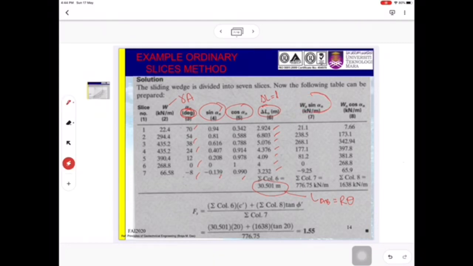Then W sine alpha, total up, and finally W cos alpha, total up.